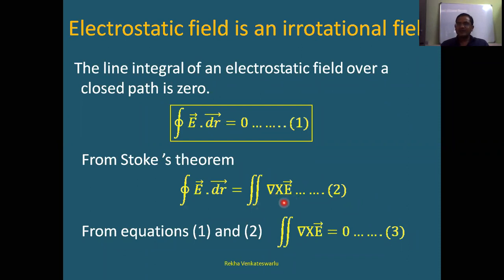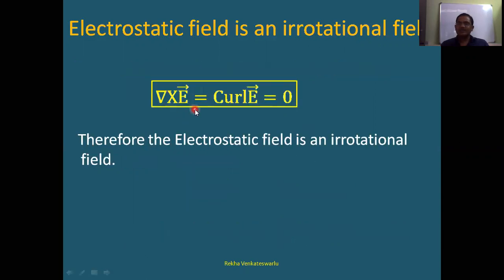You studied this in vector analysis in first year, first semester, very important. This is equation 2. From equations 1 and 2, the surface integral of del bar cross E bar equals 0. Therefore, del bar cross E bar, the curl of E bar, equals 0. The curl of the electrostatic field equals 0.